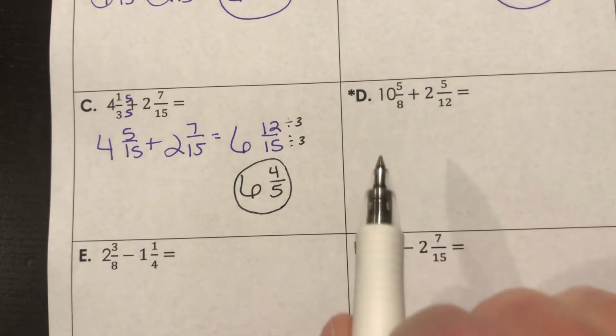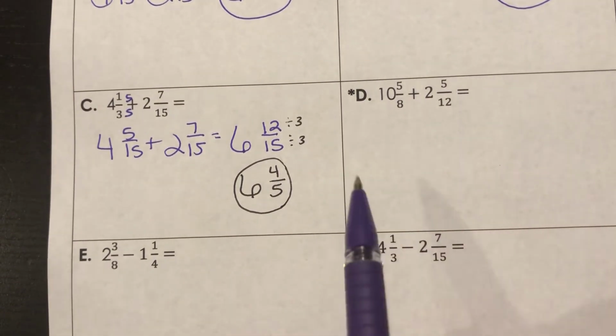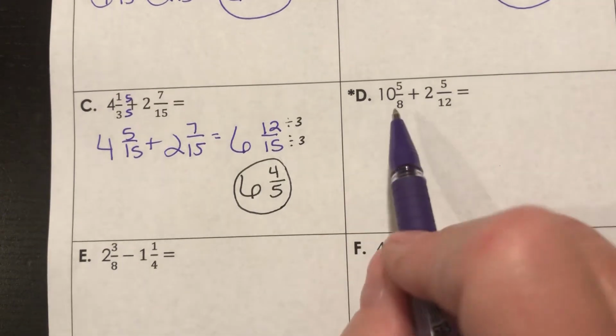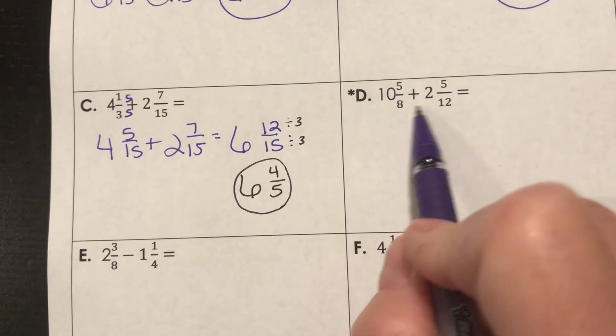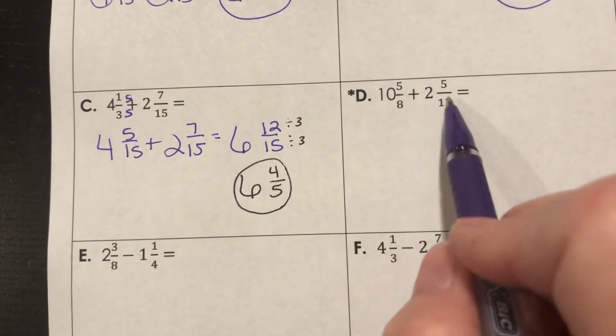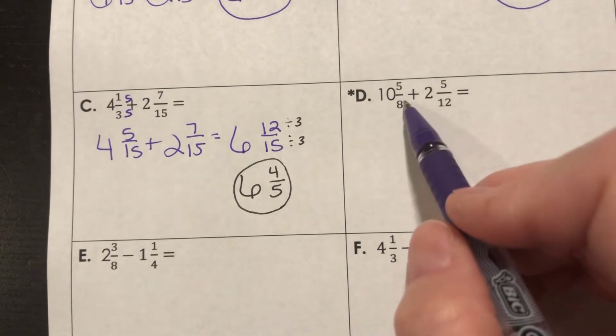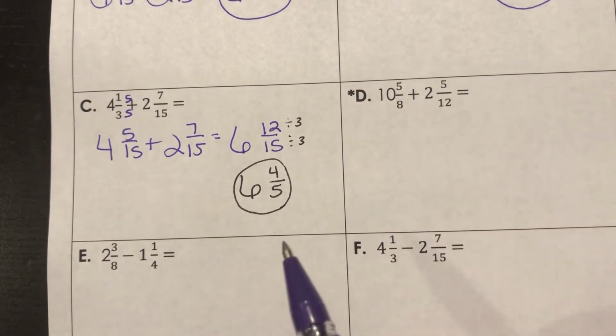Okay, last addition problem, and notice there is a little star there. I put that little star there because I promised you I would. 8, I can't multiply 8 by something to get 12, right? However, the LCM of 8 and 12 is not 96. So we don't have to multiply this by 8/8 and this by 12/12.